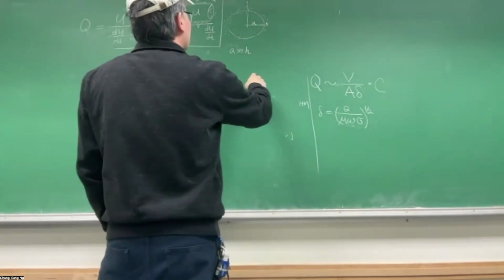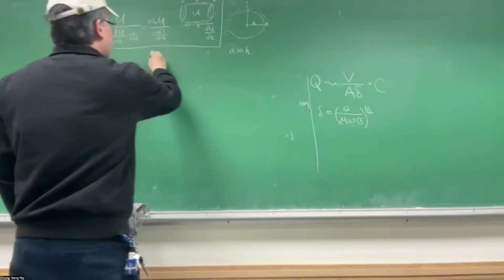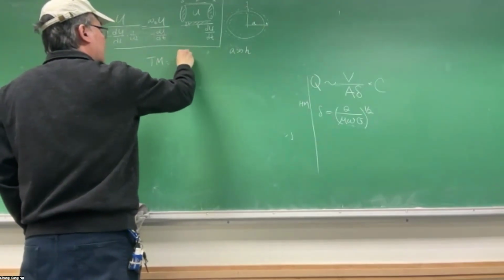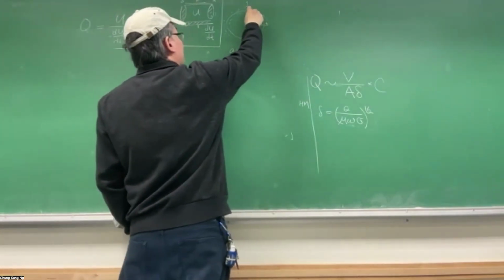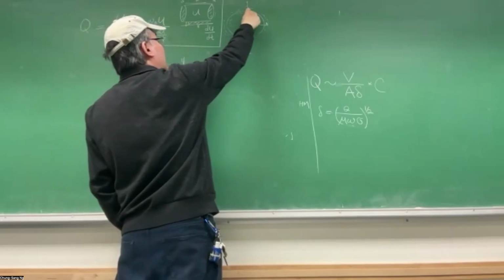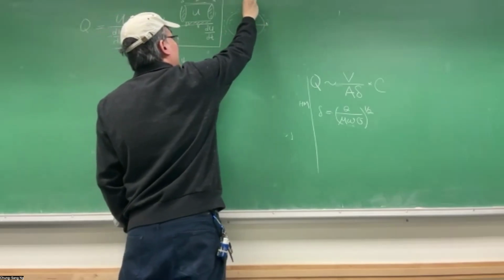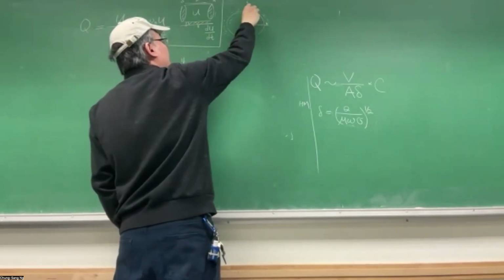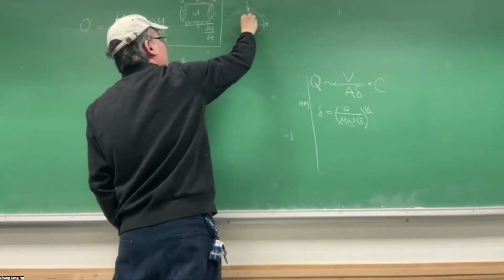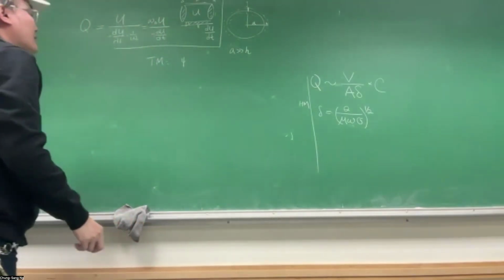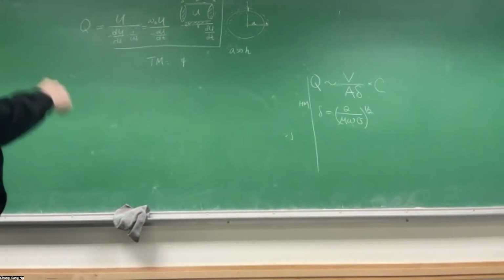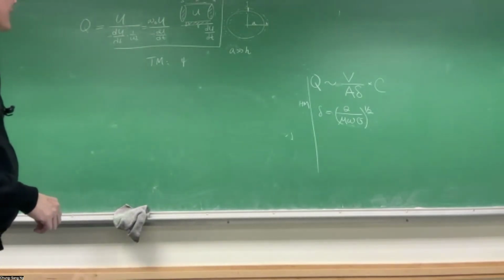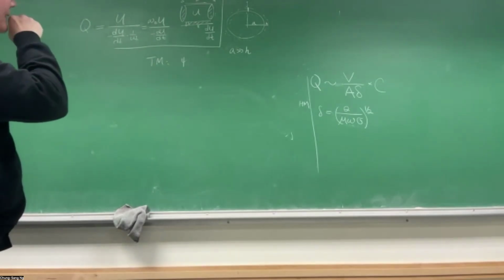Now we can consider the TM0 and TE0 modes. So for TM0, you have the psi. The psi is the field along the z direction, which in our case is along the radial direction. You can look at any direction, but this is just along the radial direction. For TM0, the psi is the electric field, right?